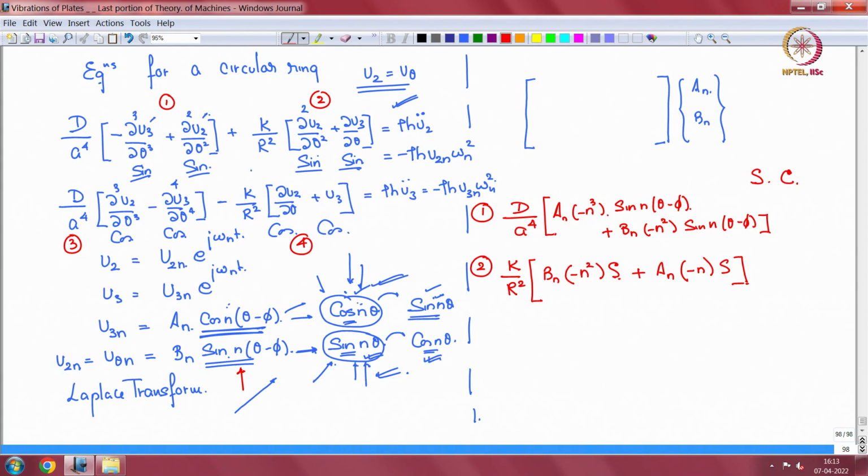So if I have to fill this matrix, I have rho h omega n square from here. Let me fill it up, then we'll see.